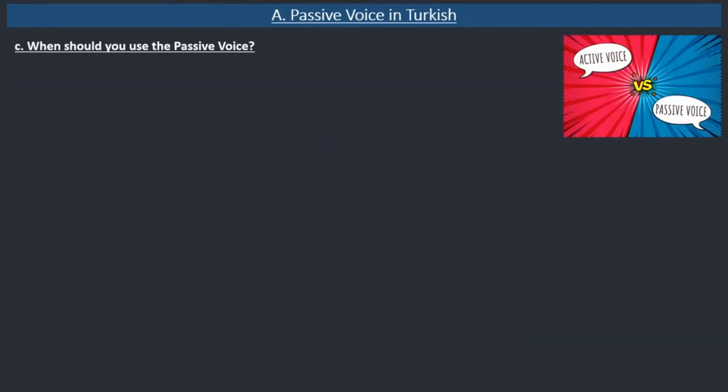Now, when should you use the passive voice? So, for example, as I keep saying, when the subject is unknown, you can see an example here. My wallet was stolen. Cüzdanım çalındı. So cüzdan here means wallet, and at the end, like, my.